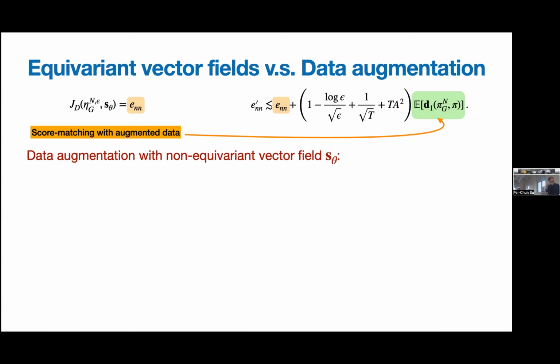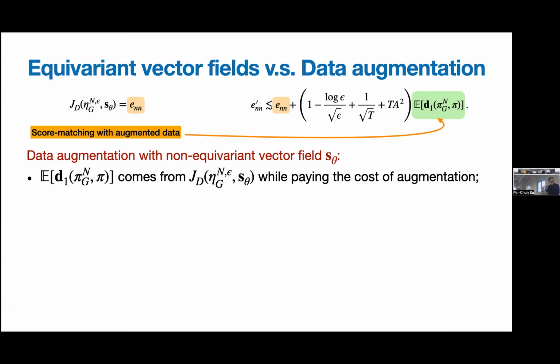So in the first case, where we have data augmentation but we use non-equivariant vector fields as s theta, this gain comes from the score matching with augmented data, but we have to pay the cost of data augmentation. And this can be expensive if the group is large or even infinite. And another question we want to ask is: is there any gain if we use G-equivariant vector fields as s theta?